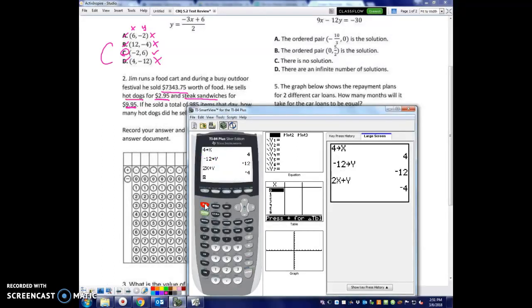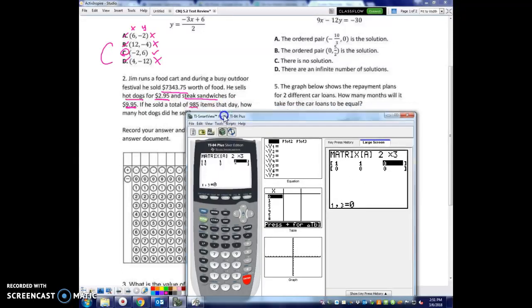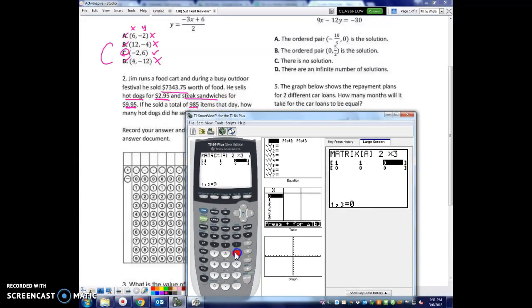So second matrix over to edit. How big does it need to be? 2 by 3. Okay, and we do 1, 1, and then it was 985.